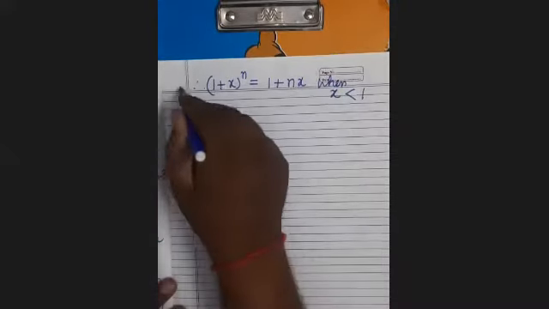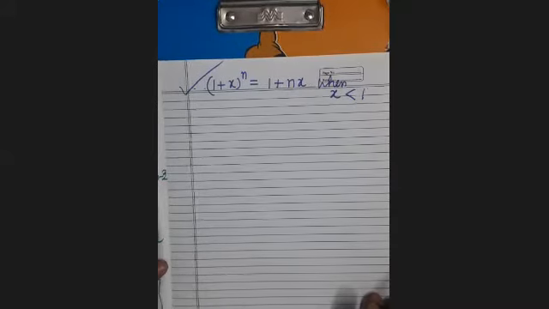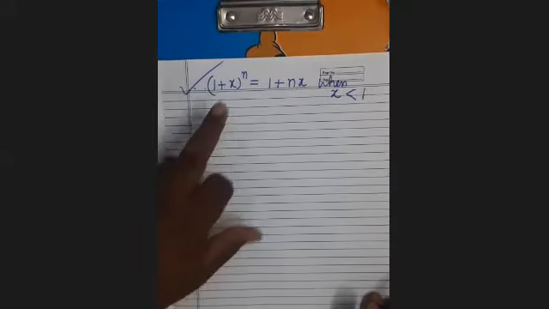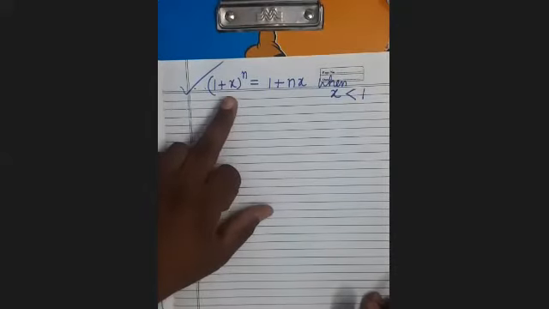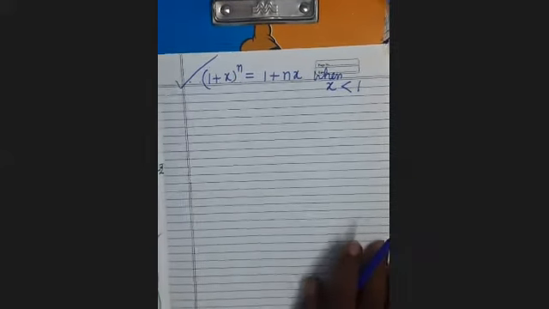So we are more concerned with this: (1 + x)^n = 1 + nx when x is much smaller than 1. Now this result will be applicable whether n is a positive fraction or a negative fraction, or a positive integer or a negative integer.